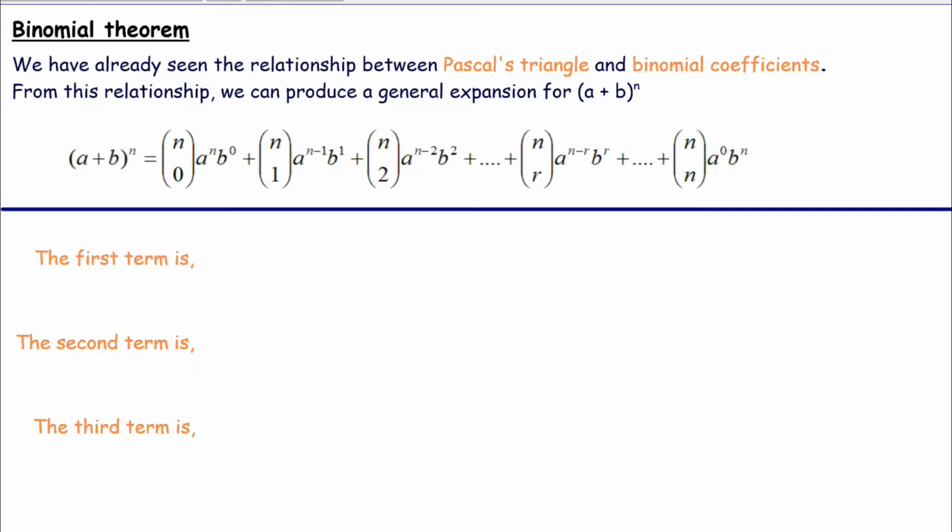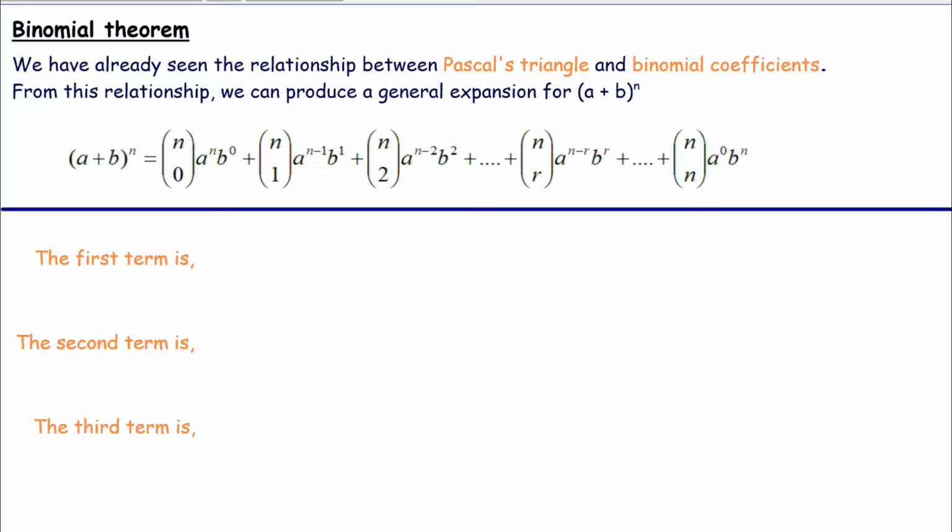In the previous videos, we have seen the relationship between Pascal's triangle and binomial coefficients. And from that relationship, we can produce a general expansion for (a + b)^n. (a + b)^n can be given as follows: nC0 a^n b^0 + nC1 a^(n-1) b^1, and so on and so forth.